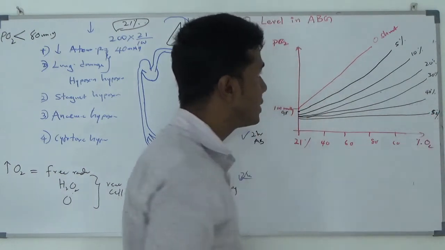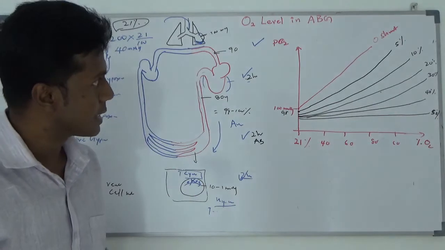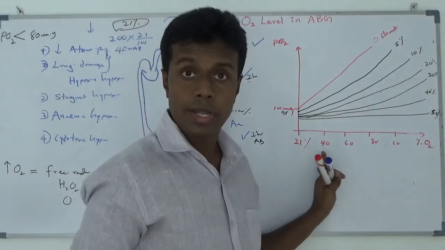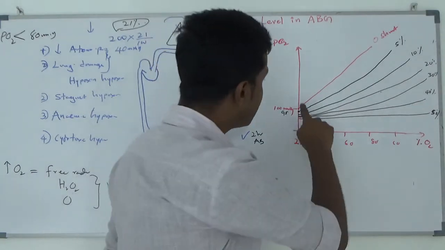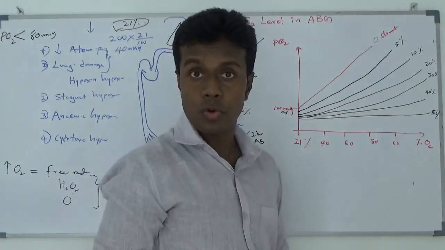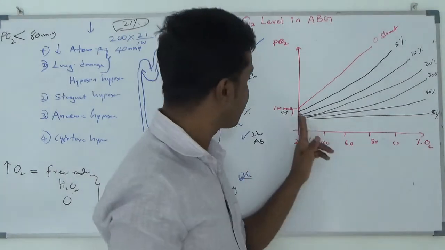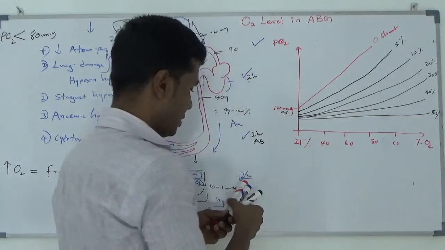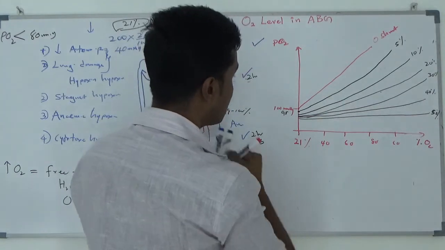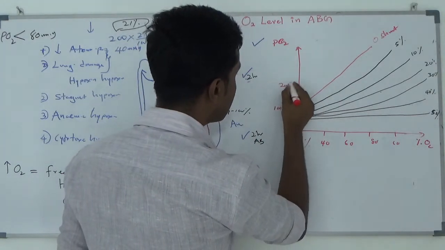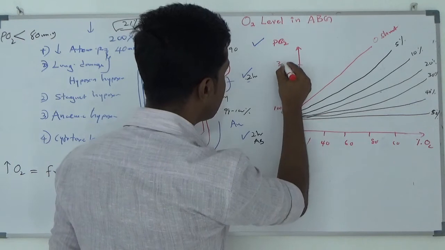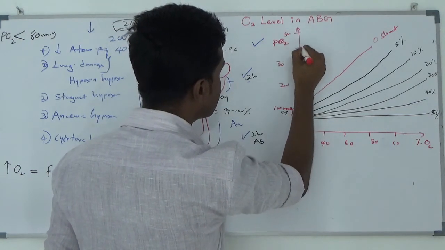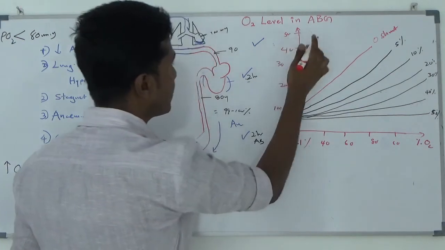What I found is, when I increase oxygen, a person who does not have a shunt gradually, more or less linearly, increases the partial pressure of oxygen in the arterial blood. Here 100, here it must be 200, here 300, here 500, here 400.